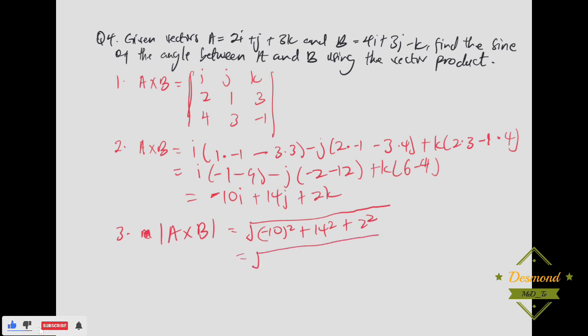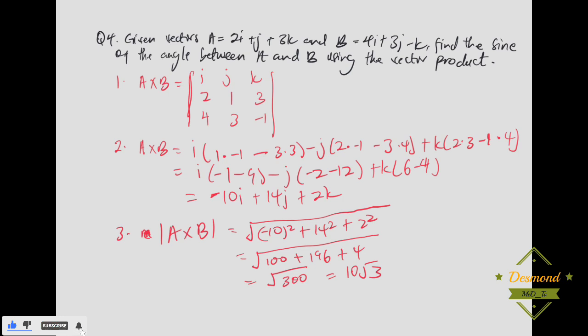Negative 10 squared is 100, plus 14 squared is 196, 2 squared is 4, and we should get root of 300 when we add them together. When we simplify it, we should get 10 root 3. Right, so we are done calculating the magnitude of A times B.